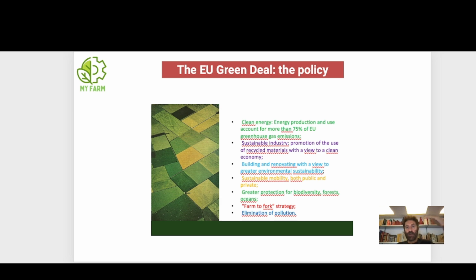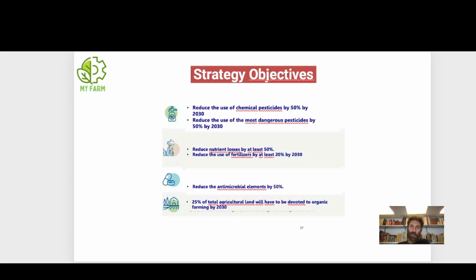Because the targets of the Farm to Fork and Biodiversity Strategy, for example, prevent farmers from using more fertilizer and more pesticide, but in this way European crop production could be more at risk in terms of the new climatic trends.